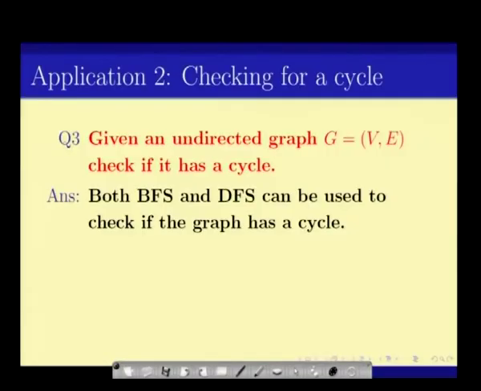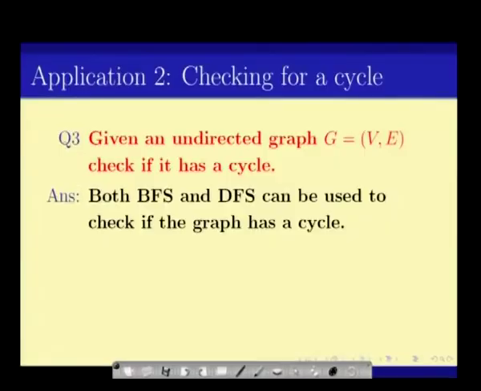Before the break, we were looking at the problem of, given an undirected graph, check if it has a cycle. Again, note that DFS and BFS can be used to check if the graph has a cycle. How? Note that if the graph has a cycle, then the graph is not a tree, and if the graph does not have a cycle, then the graph is a tree. A tree always has only one spanning tree, and that is itself.